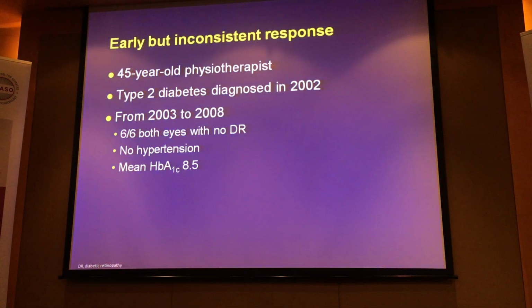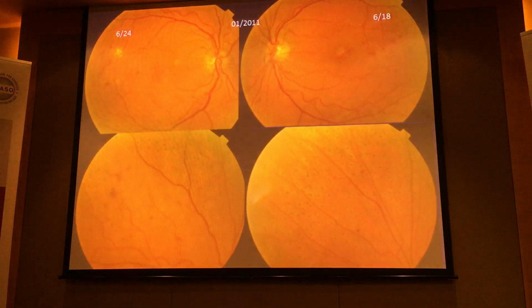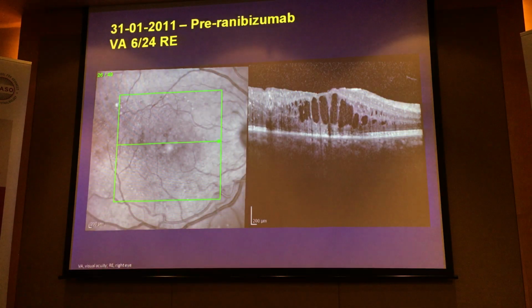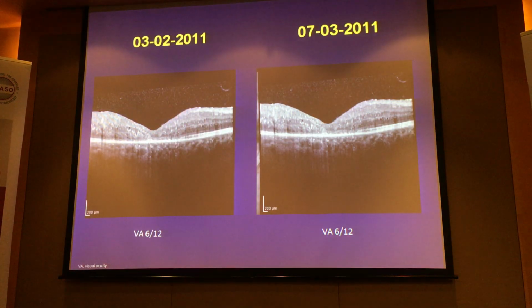Early inconsistent response, as shown in this 45-year-old physiotherapist. You find that 6/24 vision, 6/18 has had some PRP for severe non-proliferative disease. In the right eye, pre-ranibizumab, 6/24 vision, quite severe macular edema, center involved again. February 2011, dry.